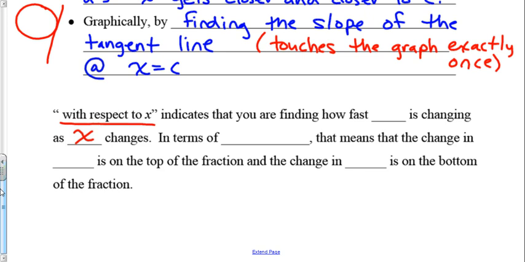And again, the top of my slope is y. So with respect to x means you're finding how fast y is changing as x changes. In terms of slope, that means the change in blank is the top of the fraction, that would be y, and the change in blank is on the bottom of the fraction, and that would be x.